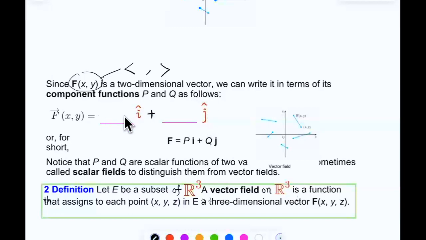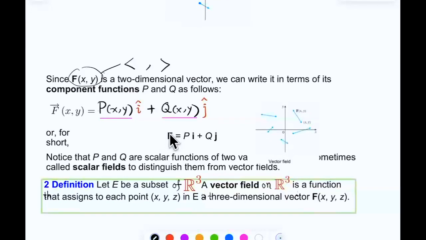Along the i direction, we have this function P of x, y, and then along the j direction, Q of x, y. This vector field is equal to Pi plus Qj.